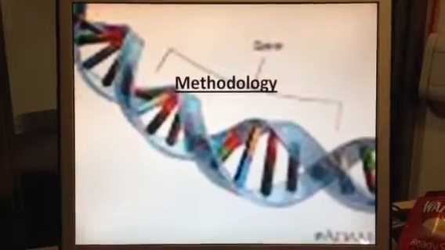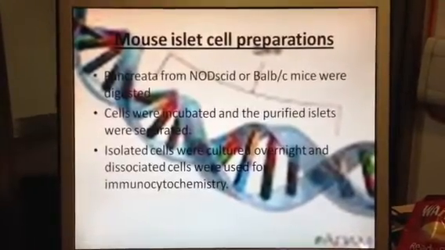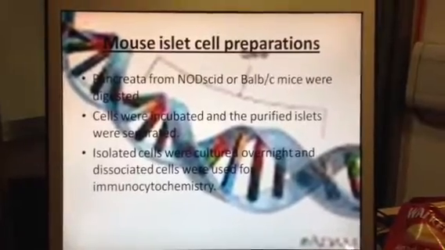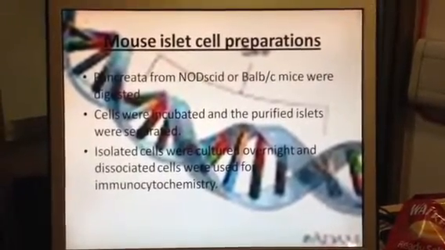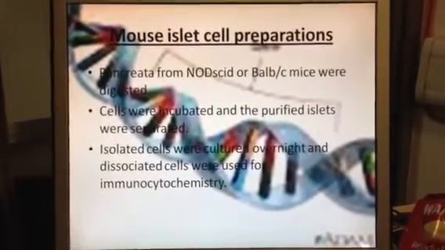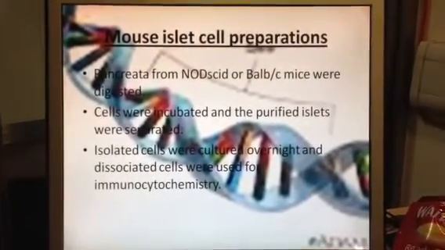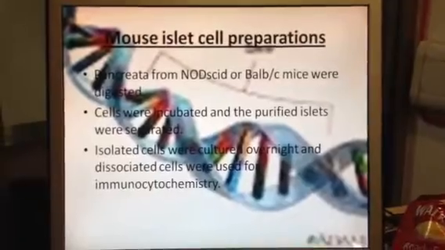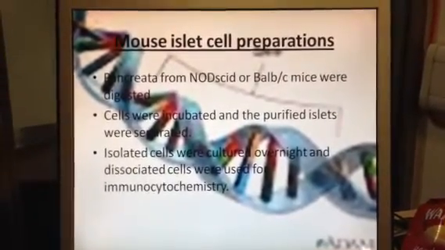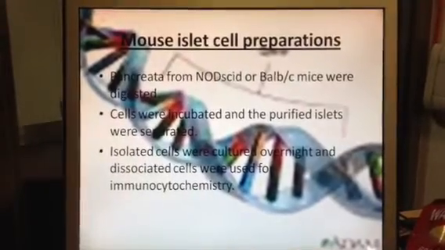So the methodology first. Pancreatic cells from two specific strains of mice were digested, incubated, and processed, leaving isolated islet cells. The pancreas contains clusters of cells that produce hormones, and these clusters are known as islets.